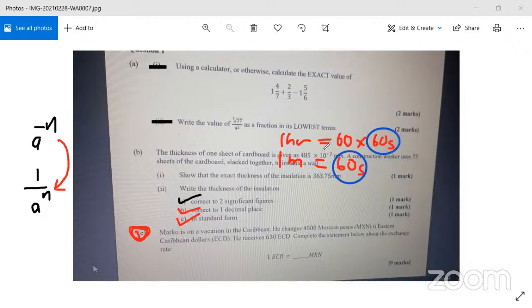So the thing that trips people up is not knowing where to start when it comes to dealing with conversions. That's one way of looking at it. You always have to start with one thing being equal to a certain number. So 1 of this is equal to X amount.